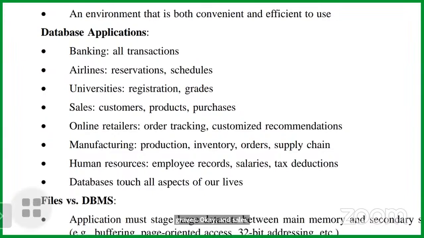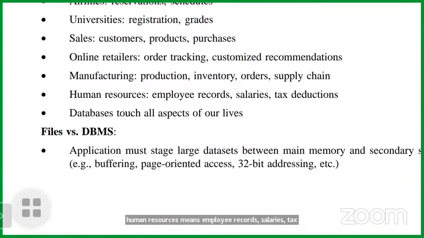Online retailers: order tracking, customized recommendations. Manufacturing means production, inventory, orders, supply chain. Human resources means employee records, salaries, tax deductions. Databases touch all aspects of our lives. So what he's telling is that DBMS is useful in every department, everywhere. Even a small retail shop owner maintains a small type of DBMS.